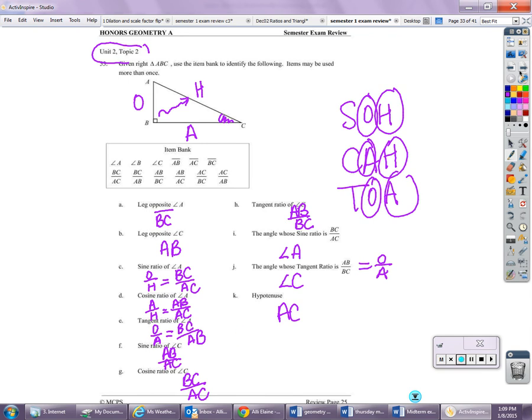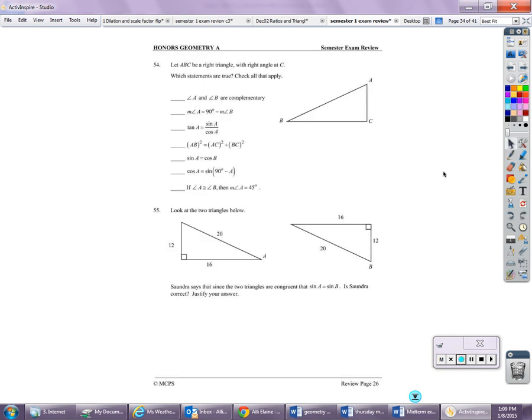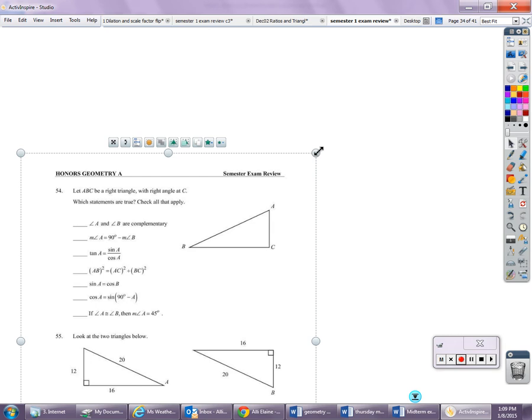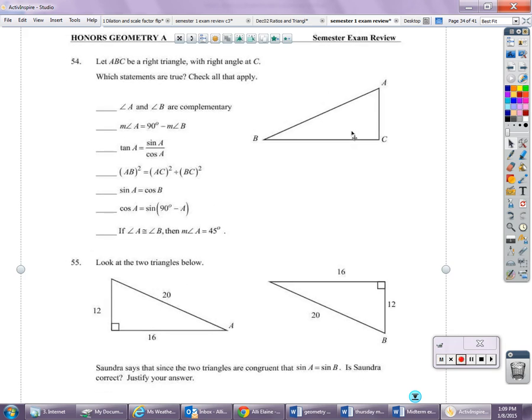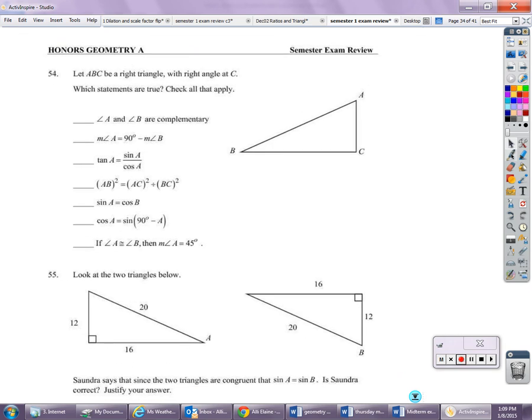Alright, moving on. 54 is a tough problem, alright? So for 54, I would just check it using my calculator. If you're using a graphing calculator, you want to make sure that you're on degree under mode, not radian. So let ABC be a right triangle, with right angle at C. Which statements are true?